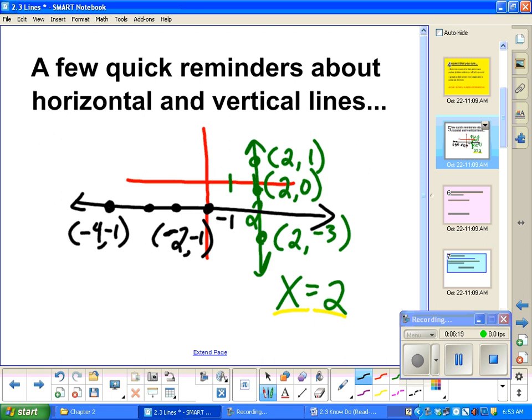By the similar argument that we made for the x-coordinates on the vertical line, we can make for the y-coordinates on the horizontal line that every point on this line has a y-coordinate of negative 1. Therefore, its equation is y equals negative 1. So just reminding that those vertical and horizontal lines have very simple equations of one coordinate, because there's one coordinate that is always the same for all points.